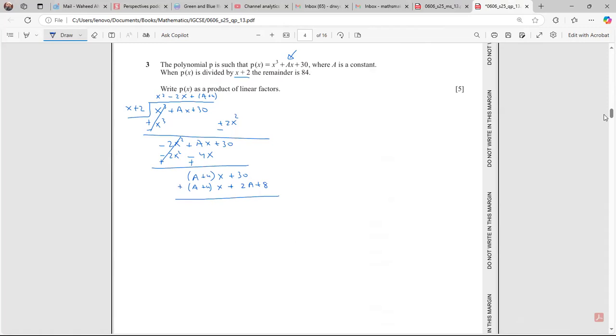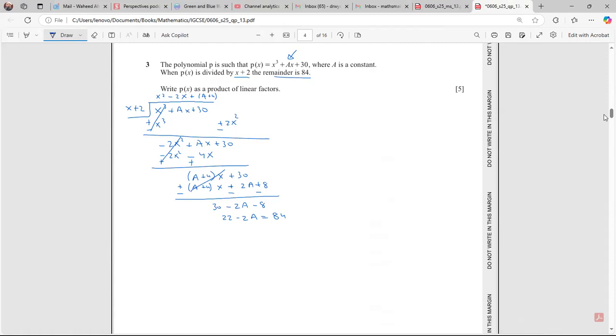This is positive, it becomes negative, positive, negative, positive, negative. This cancels. Now we have 30 minus 2a minus 8. Okay, which is 30 minus 8 is 22 minus 2a, and we are told that this is equal to 84. Remember, the remainder is 84. Okay, we will use this information and find the value of a.